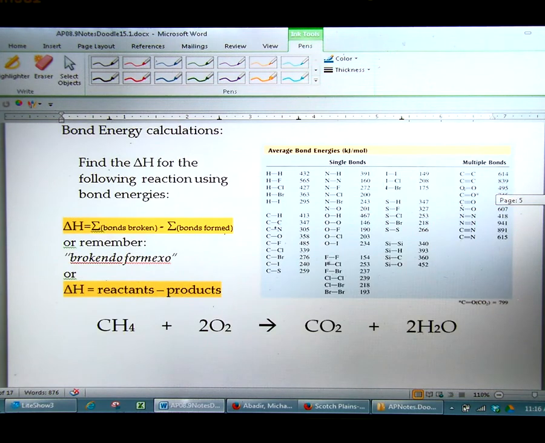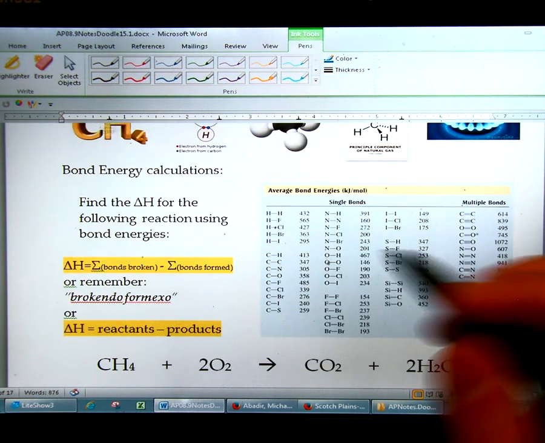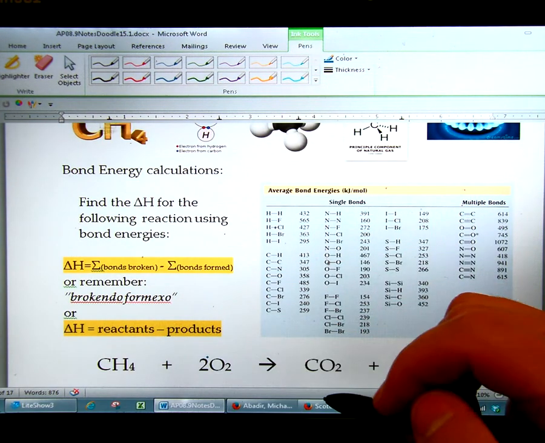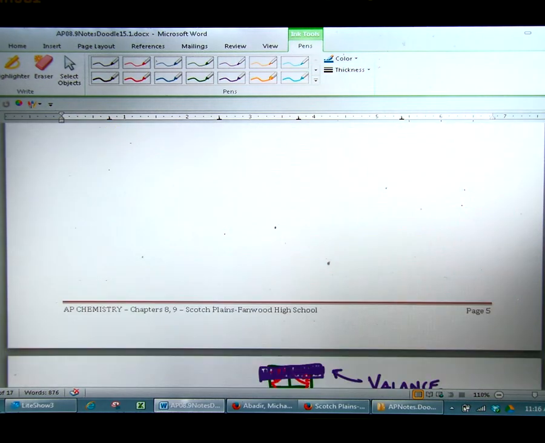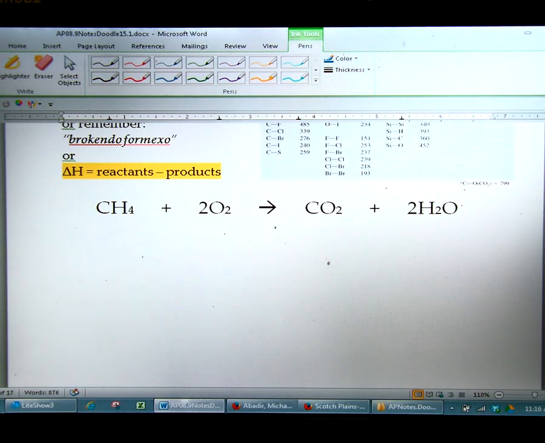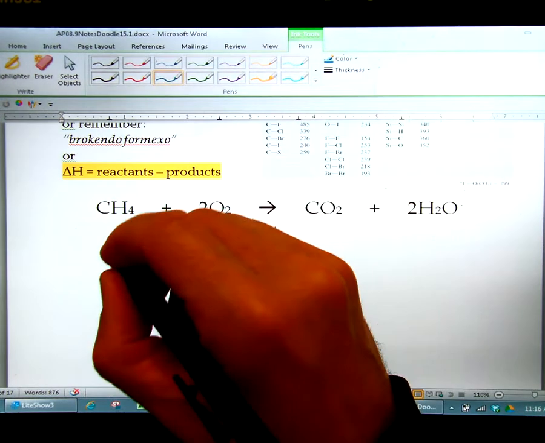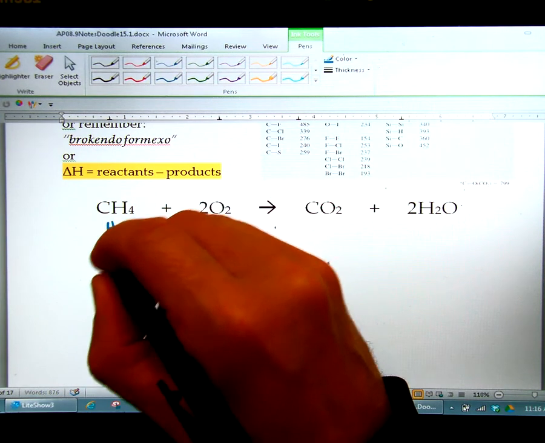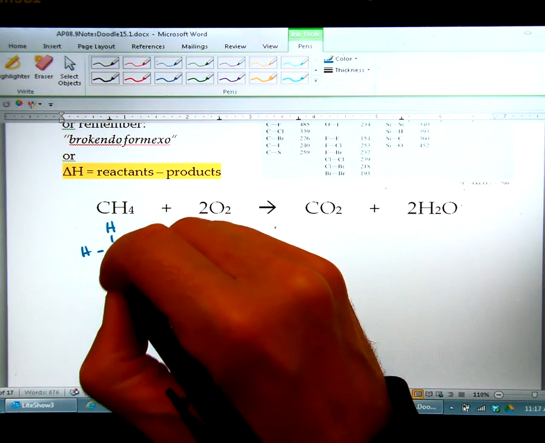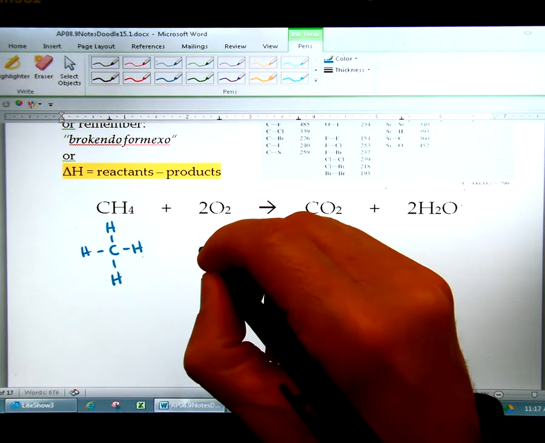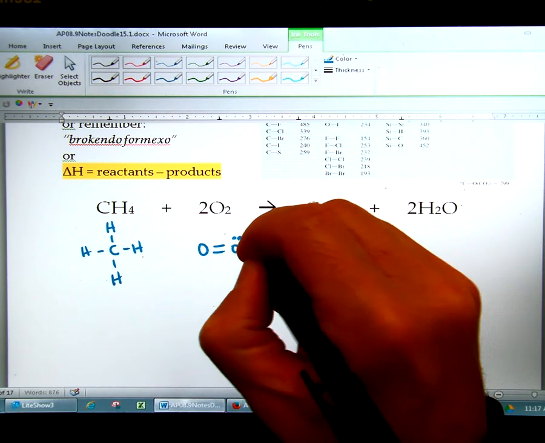So what we need to do is find the amount of energy in each of these bonds. So the first thing you're going to need to do is draw the Lewis structure for each of these, which now you're an expert on. So we'll quickly draw the CH4. Looks like this. Oxygen has a double bond if you take the time to figure that out.